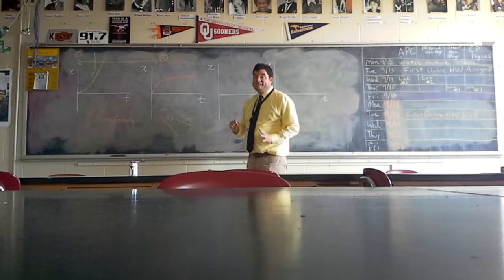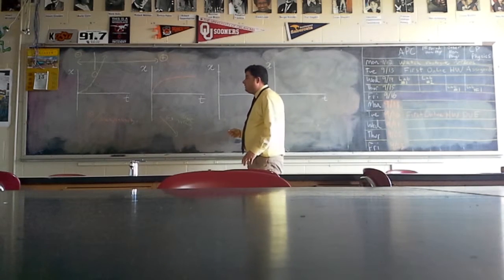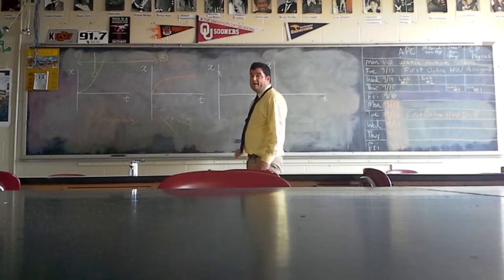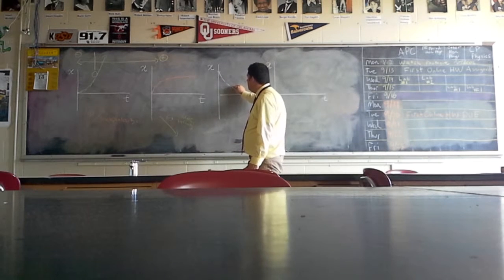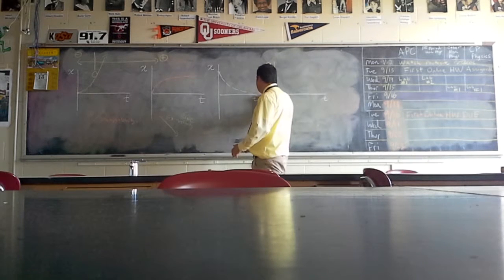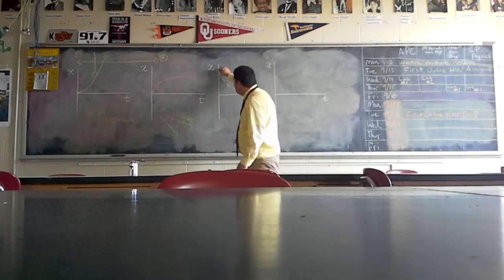But all my slopes will be negative since I was going in the negative direction. So I started fast. That's a steep negative slope. And it's going to get shallower. And I went past the origin, so I do cross the axis.